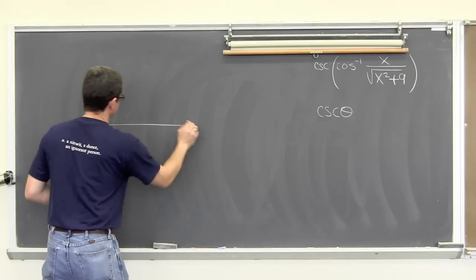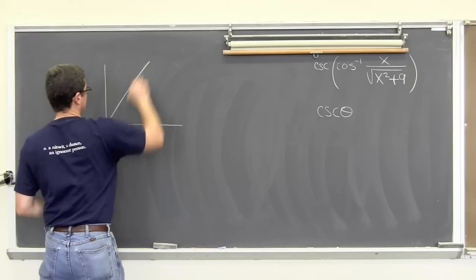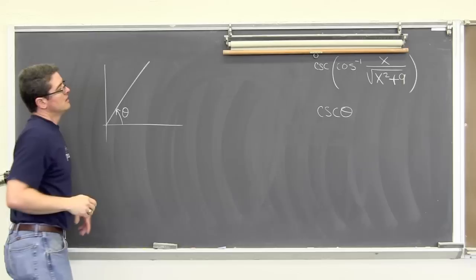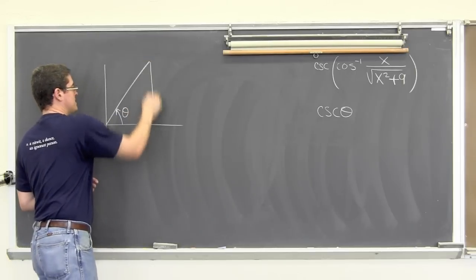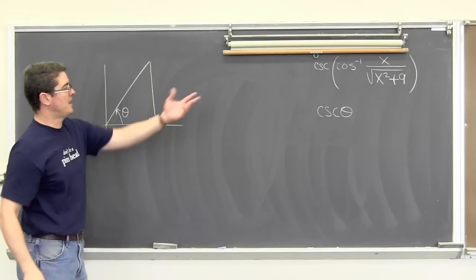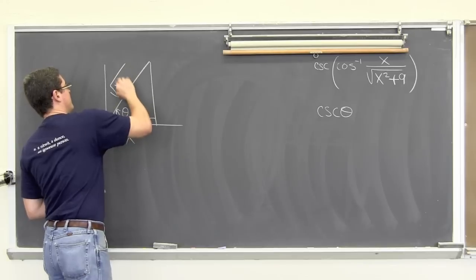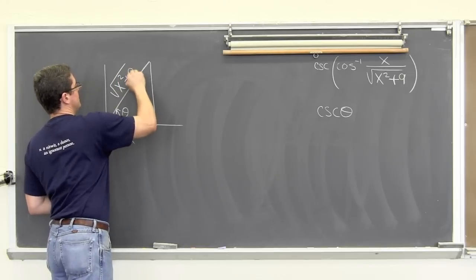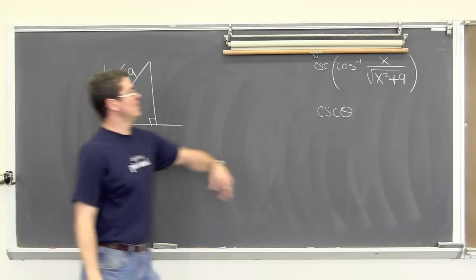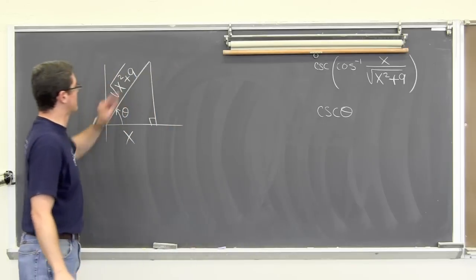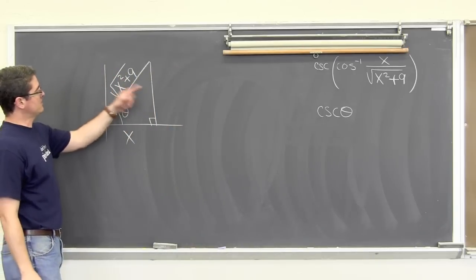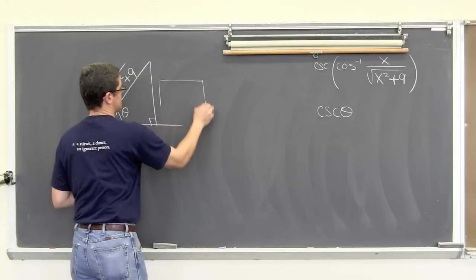So we have theta. Cosine is adjacent over hypotenuse, so the hypotenuse is the square root of x squared plus 9. Again, SOHCAHTOA. Cosine is adjacent over hypotenuse. The Pythagorean theorem is going to help us find that third missing side.